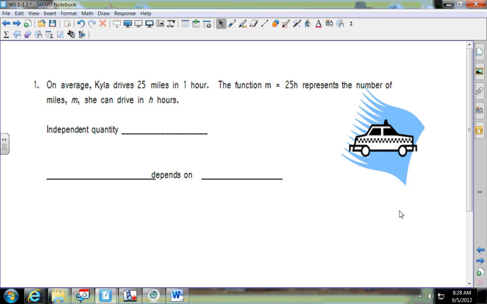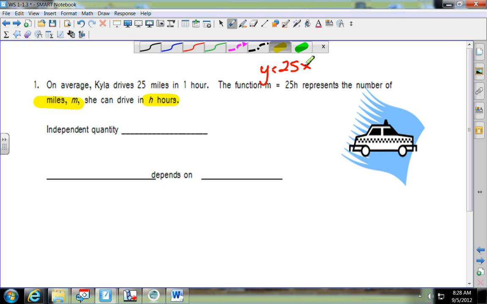Okay, let's look at this next one. It says, on average, Kyla drives 25 miles in 1 hour. The function m equals 25h represents the number of miles, m miles and h hours. What is the independent quantity? Well, I look up here and I think of it as y equals 25x. The 25 and the h match up right here.